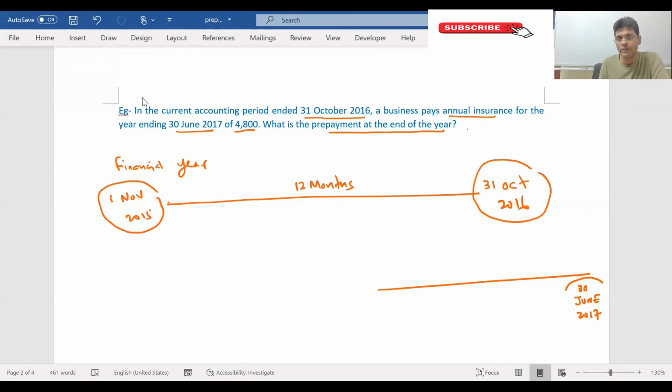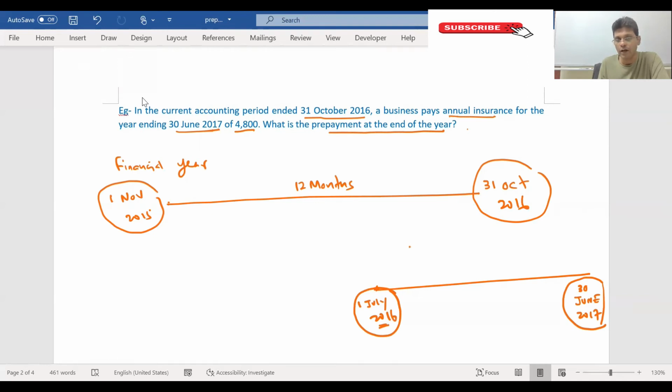Okay, so this is the end. What is the beginning of this insurance policy? It should be from 1st July 2016. Okay, so it should start from 1st July 2016 and it will end on 30th June 2017.